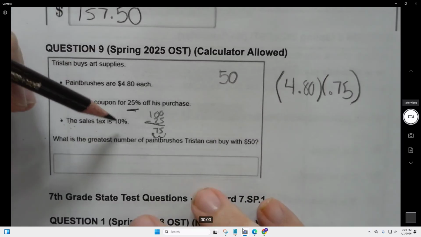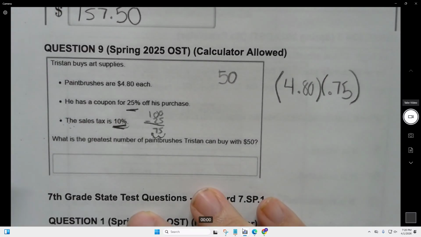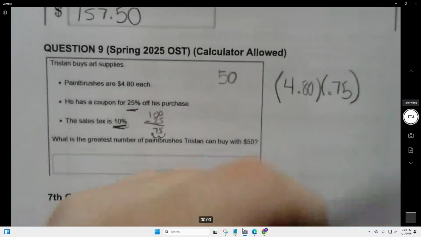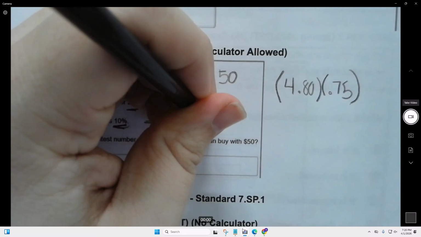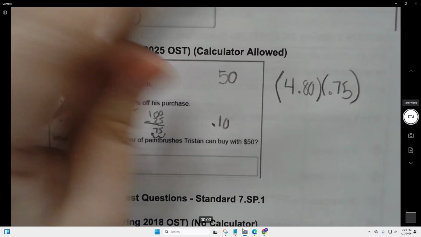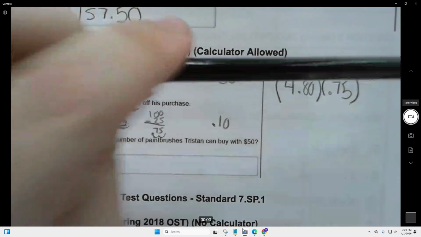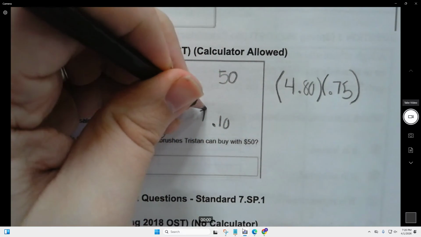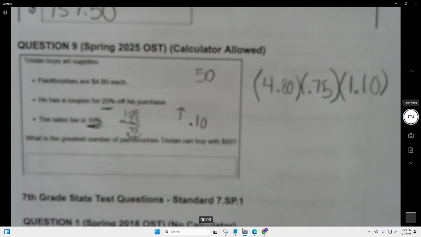Then the sales tax is 10%. Here, you're increasing the price by 10%, and 10% is just 0.1. But you can't put 0.1 because that would cause a decrease. If you're increasing the price by 10%, you have to account for the price, 1.10.